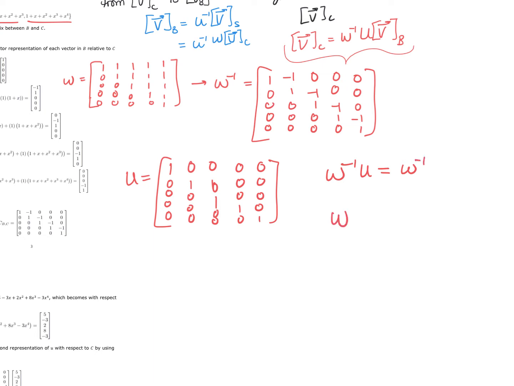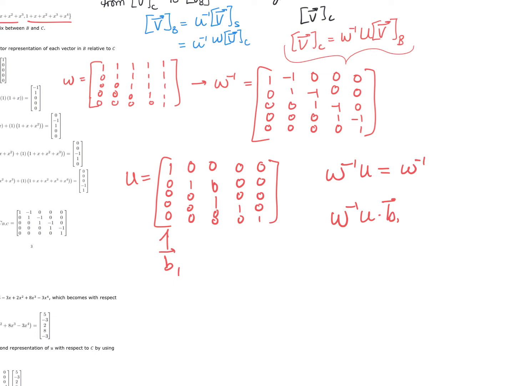So when I do W inverse multiplied by U multiplied by the vector, now the vector I have is my B vector. So I'm going to start with a B sub 1, which is this first column.